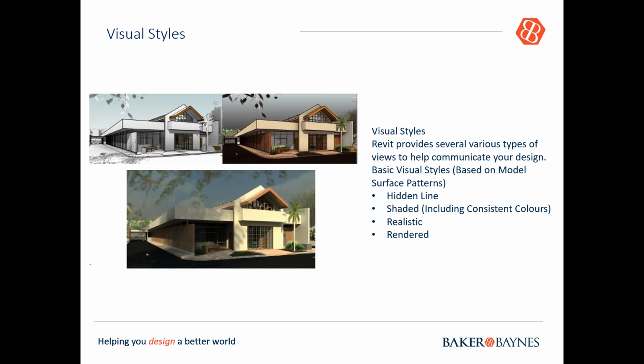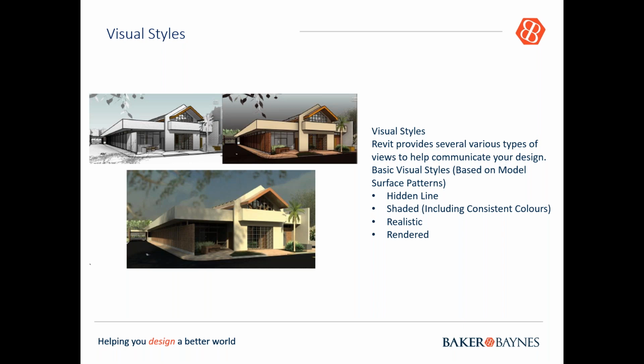Now, deciding on which visual style usually depends on what you are trying to communicate. With us it was usually hidden line, or when I worked in engineering, it's usually fine detail with hidden or shaded. But if you are just starting out in your design process and you want the most basic design, such as the massing or size and proportion, then your hidden line style is going to be your first choice.